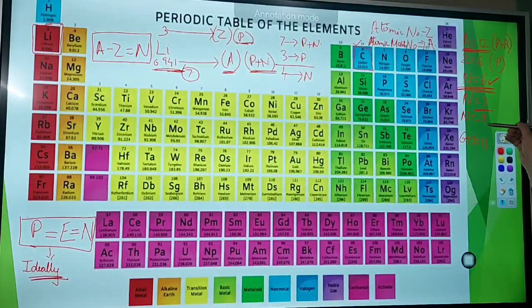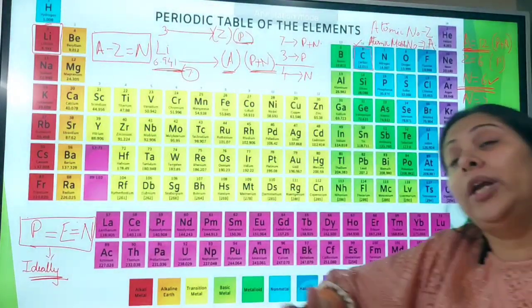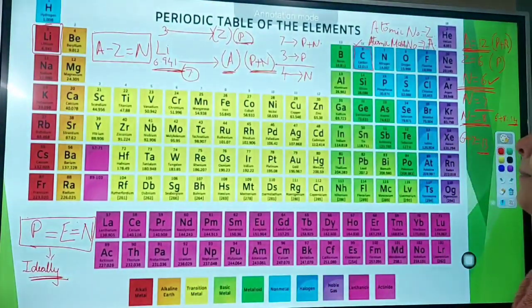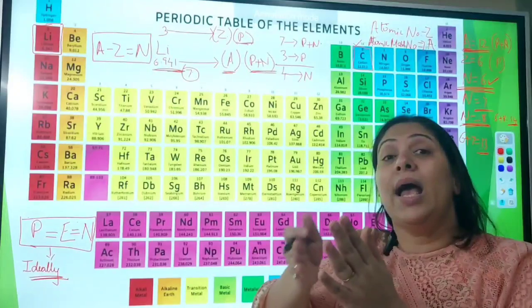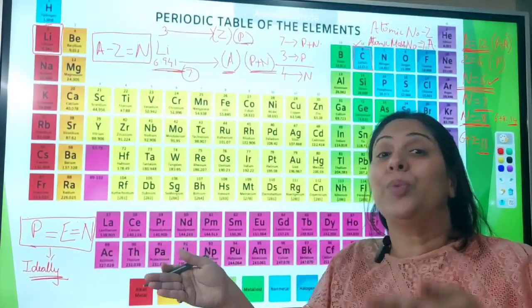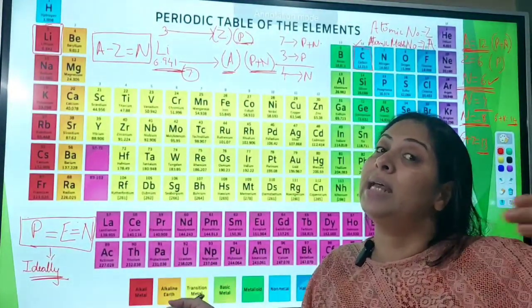But if the carbon atom has 13 as an atomic mass number, we will call it carbon 13. If it has an atomic mass number of 14, we will call it carbon 14. So a carbon atom will have variations depending upon the number of neutrons in an atom.